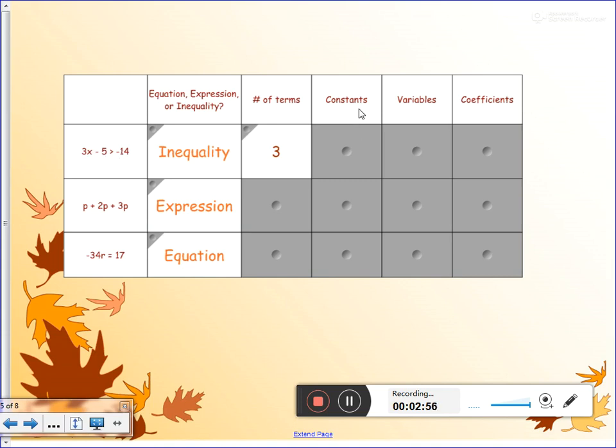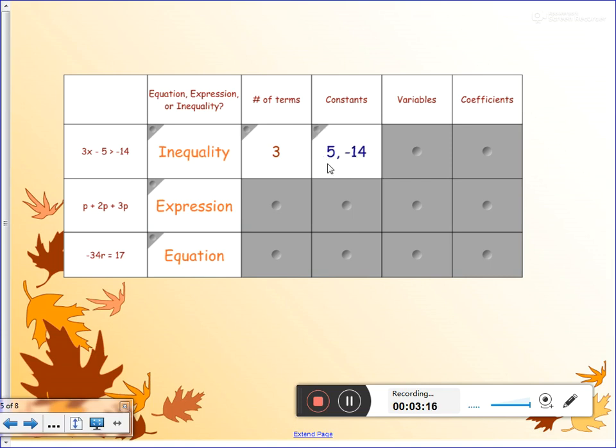Okay. And then we need to talk about the constants. Remember, constants are those straight up numbers. So if you look, there's 2 terms here that have a constant. The first one is a 5, or a negative 5 if you wanted to add the opposite. The next one is a negative 14.